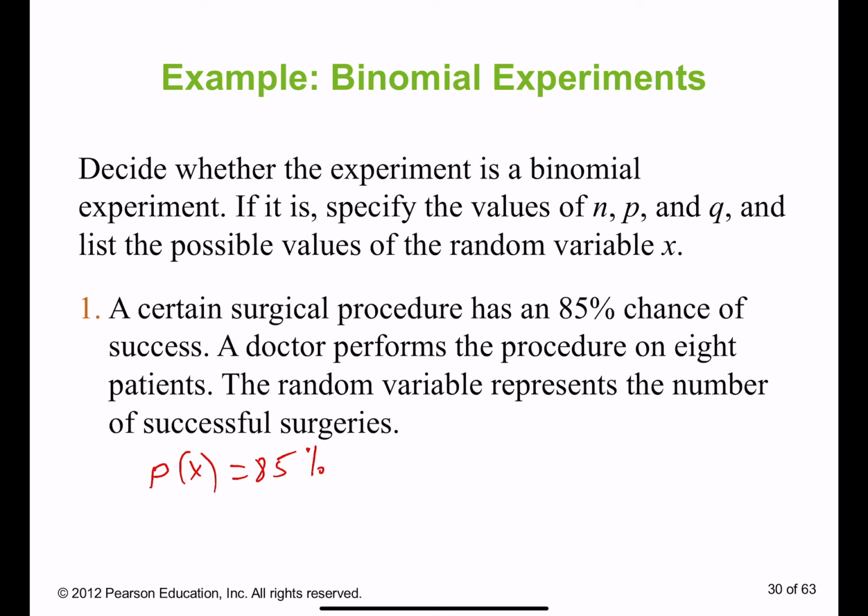A doctor performed the procedure on 8 patients. So the total N will be 8 patients, right? The random variable represents successful surgeries. So we need to identify whether the experiment is binomial or not. So let's go over every single one of them.